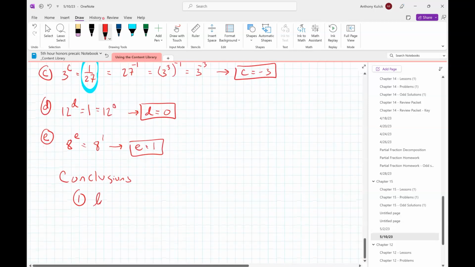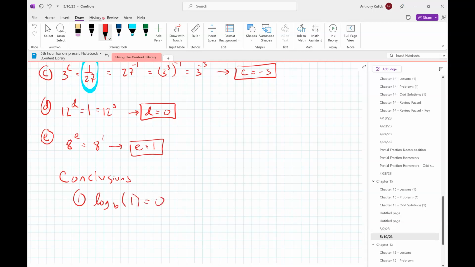So conclusions. Any log of 1 is 0. Any log of itself is 1.